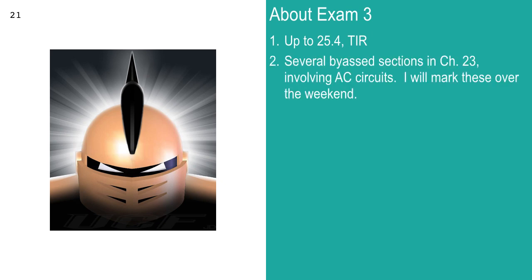We've done several bypassed sections, though, in chapter 23. And I haven't marked all of them as bypassed the way I do sometimes, but I'll try to do that this weekend. We skipped an awful lot of stuff in chapter 23. If we hadn't had a hurricane, we might have done all that, but I had to cut that out. So I'll try to mark the bypass sections of chapter 23.